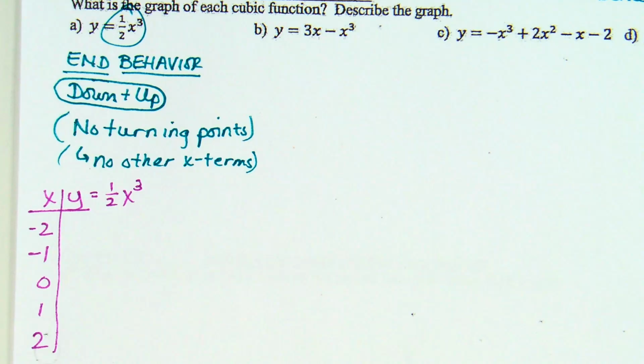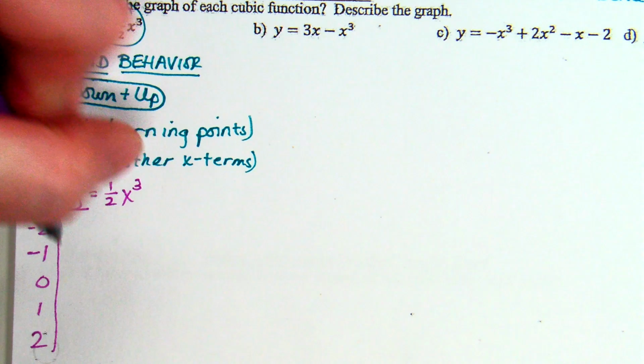So put in negative 2. Negative 2 raised to the third: negative 2 times negative 2 times negative 2 is negative 8. Half of negative 8 is negative 4.